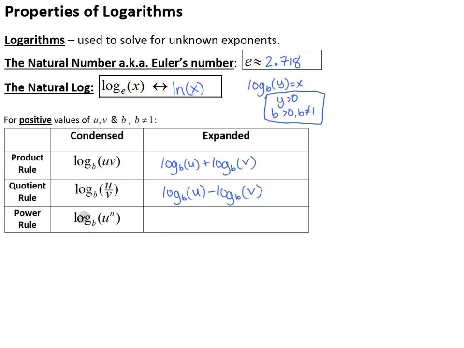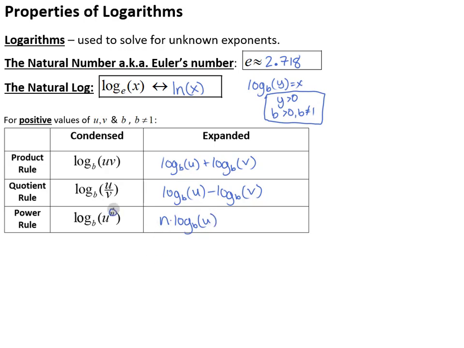This last one, a little less intuitive, is called the power rule. And this actually says if you have an exponent acting on everything inside of your logarithm, you can bring that exponent out in front as a multiplier, like n times log base b of u.